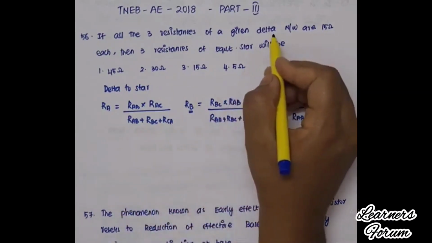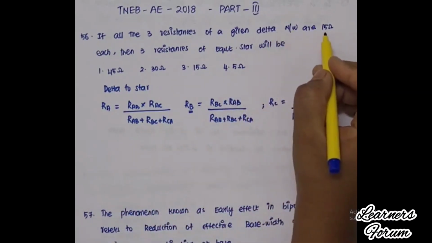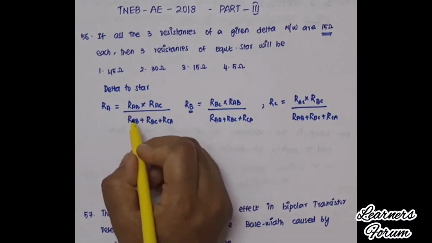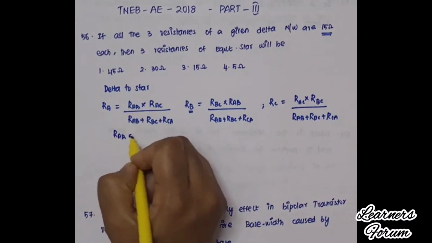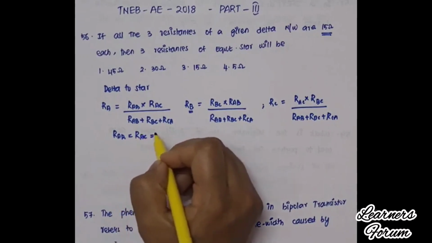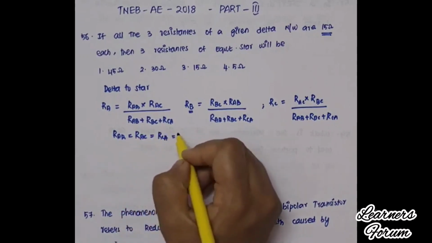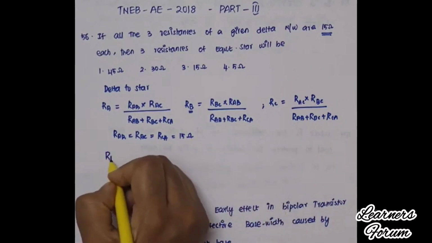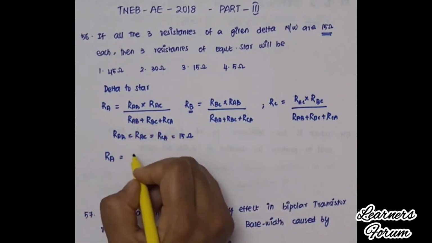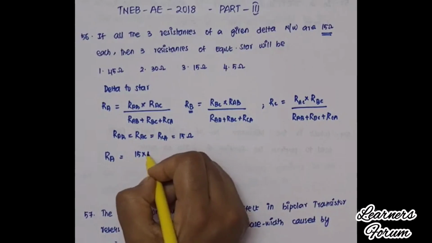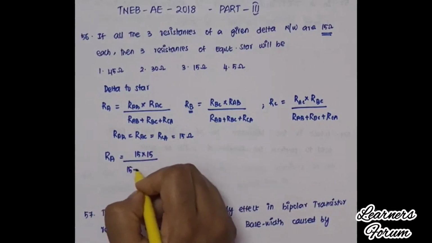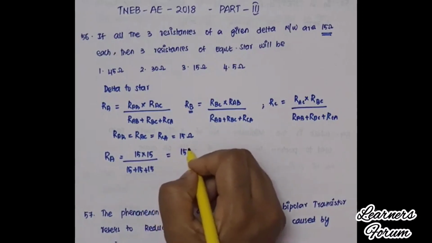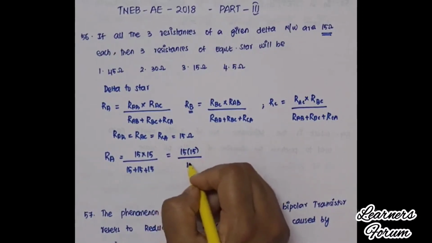Let us substitute the values. Given is the delta network with 15 ohms each, which means the values of the three resistances, RAB is equal to RBC, which is equal to RCA, which is equal to 15 ohms. Substituting this value in RA, RB, RC, we will get RA is equal to 15 into 15 divided by 15 plus 15 plus 15, which is equal to 15 into 15 divided by 45.